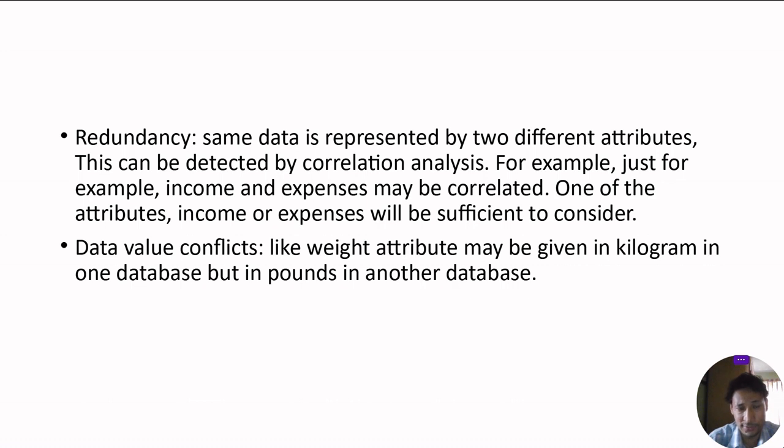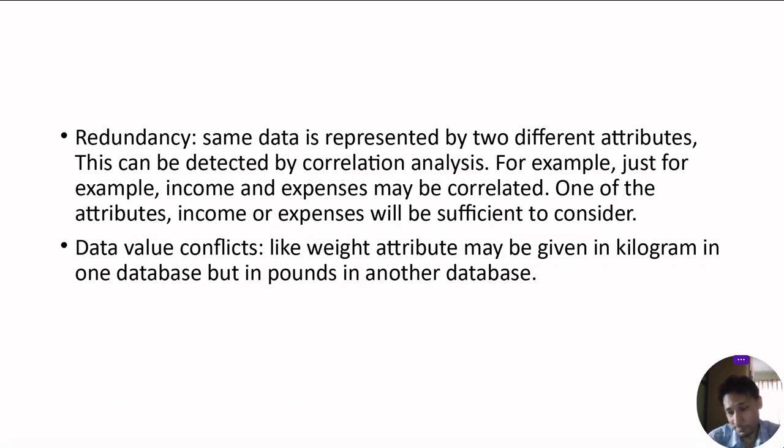For example, expenses and income may be correlated. The expenses of people may depend upon income. They will spend money according to their income level. So one attribute, income or expense, will be sufficient to consider. We can remove expense or income and consider only one.